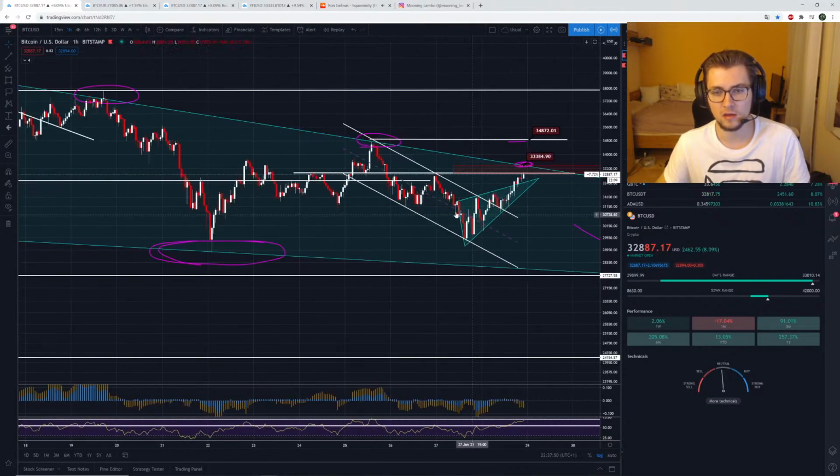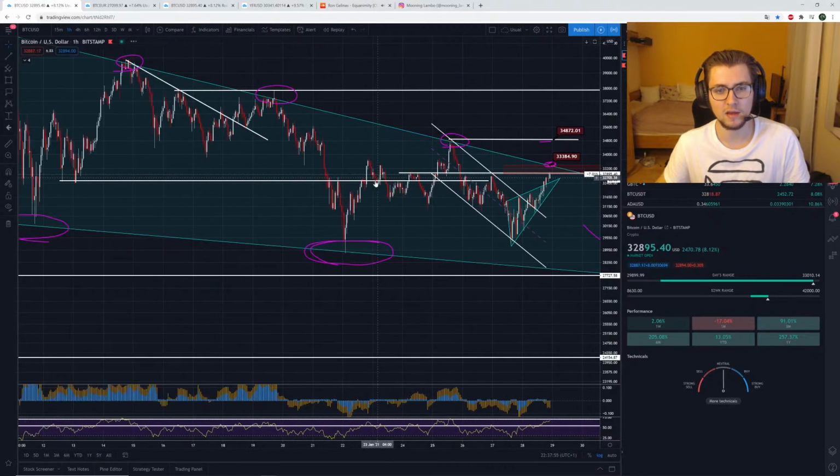I initiated a few long positions. I added all the way down here. I added all the way down here. I bought into the $29,000 range, but I also bought in the $30,000 range, and my average is right at 31,500-ish.